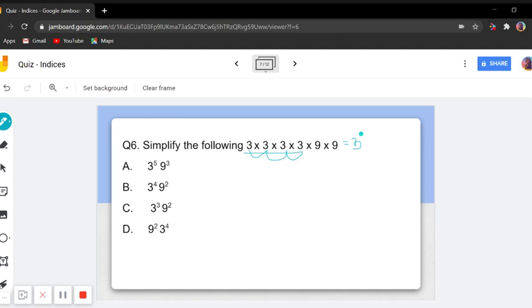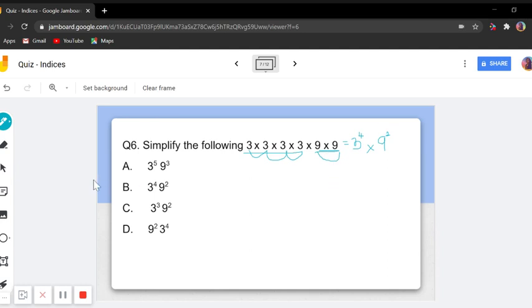So the index number is 4. How about the base 9? We write multiply. How many times does it multiply by itself? Let's count it together. 1 and 2. Only 2 times, so the index number will be 2.